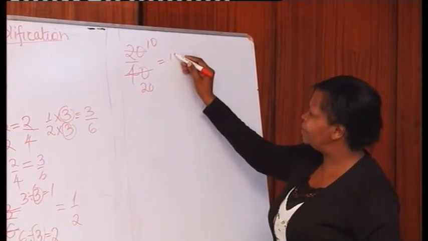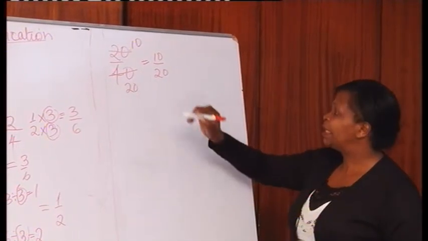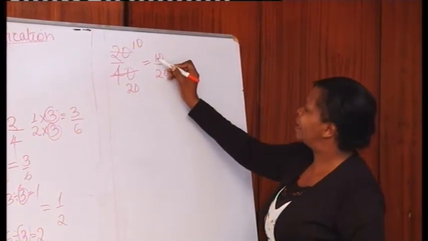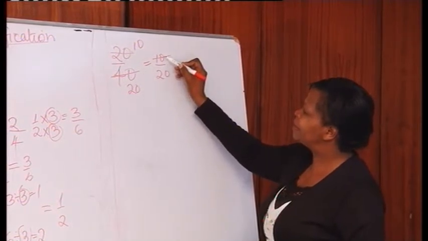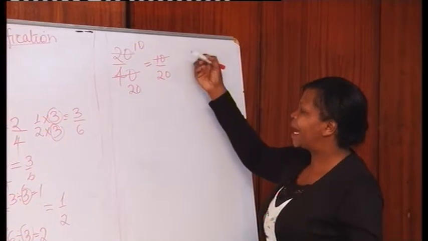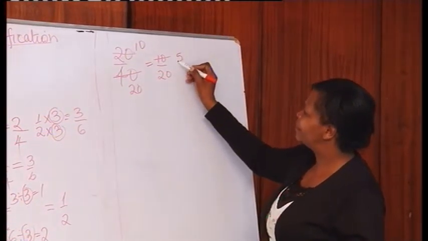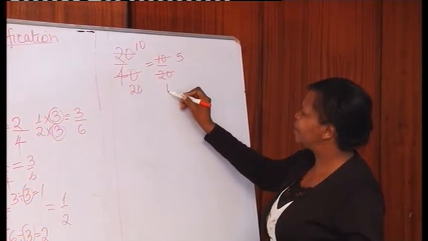So my first step will be to get 10 over 20. Then I continue and divide by a common factor, and in our case I can do 2 again. 10 divided by 2 is 5, and 20 divided by 2 is 10.